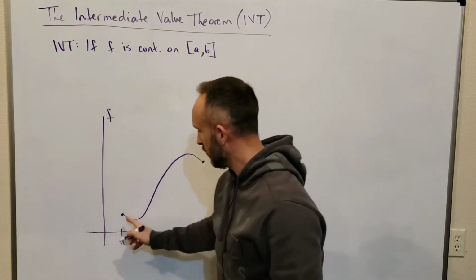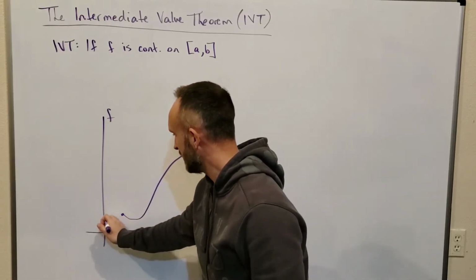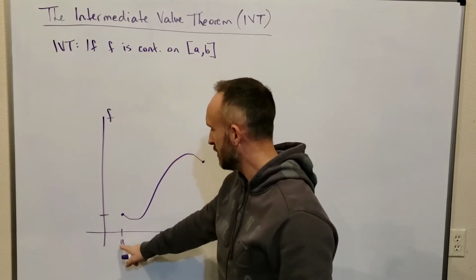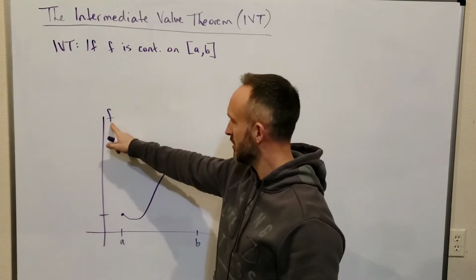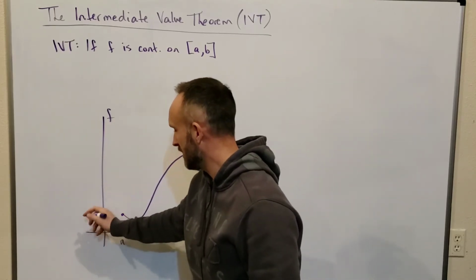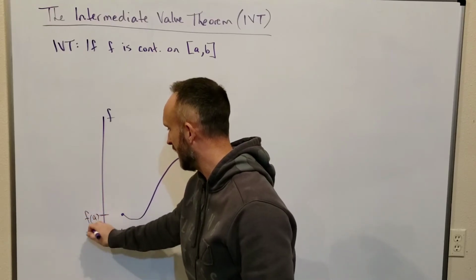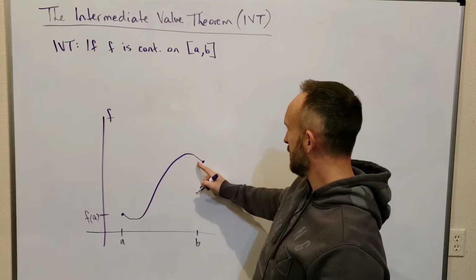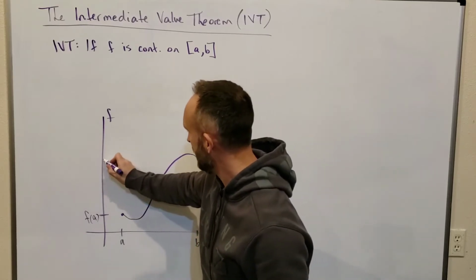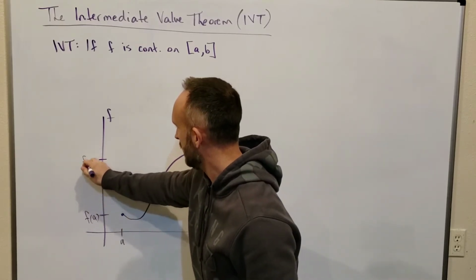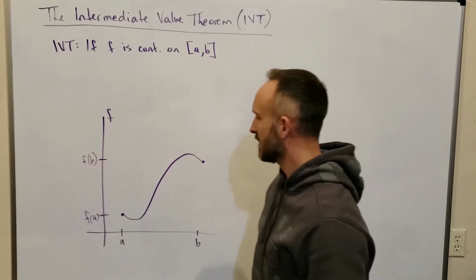So what is the output at this endpoint? Well, if the input's a and the function's f, we'll just call it what it is. It's f of a, right? And the output for this input b is f of b.